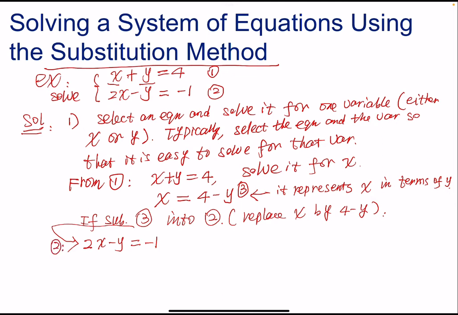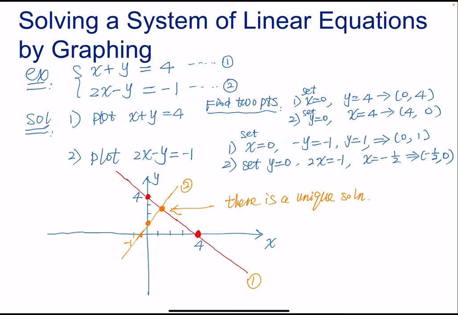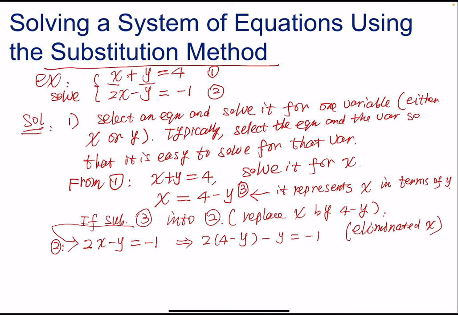So x equal to 4 minus y, we replace x by 4 minus y, and then minus y equals negative 1. Now obviously, we eliminated x, I'm sorry, I eliminated x and obtained an equation just in y.